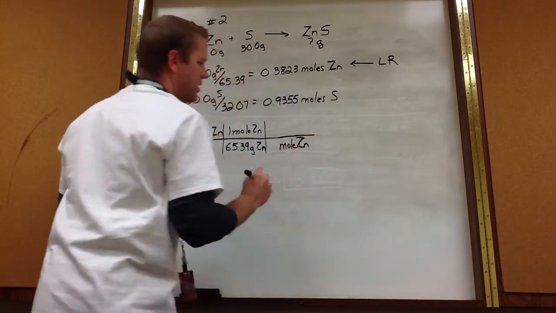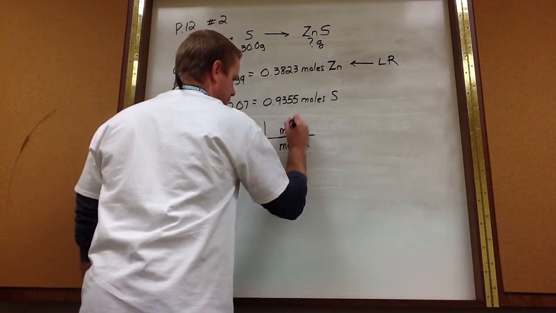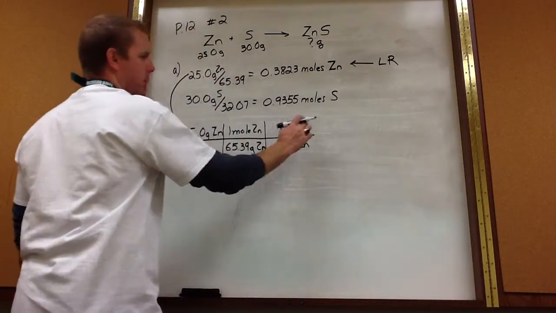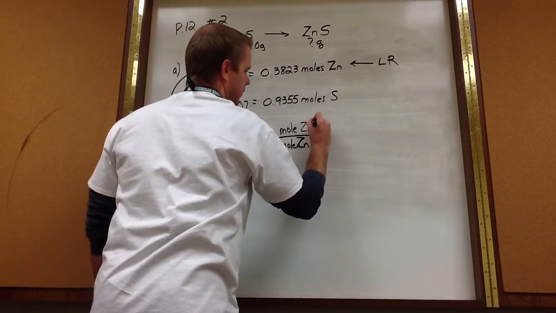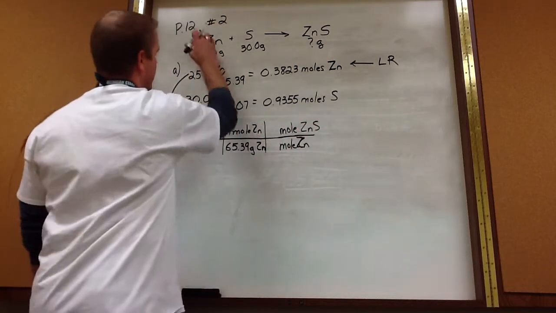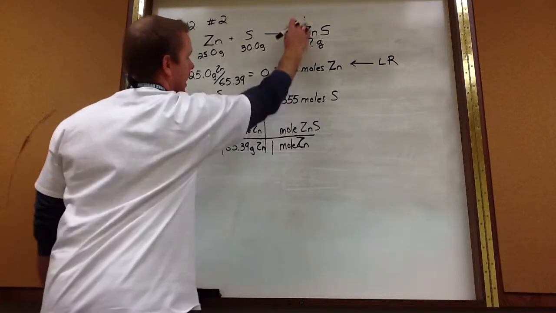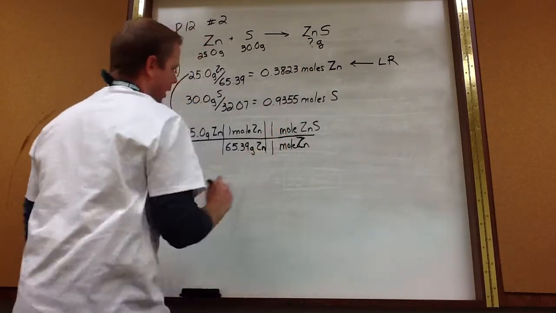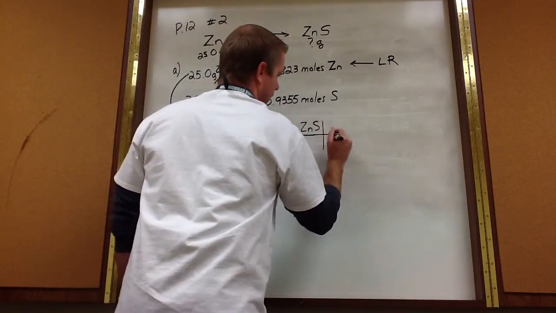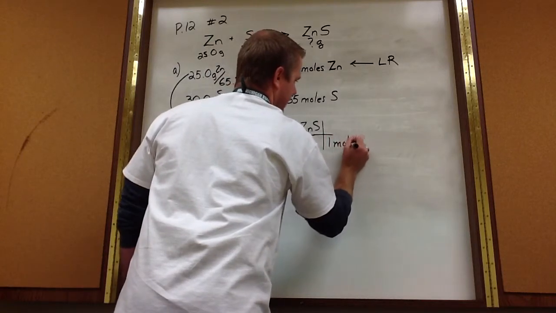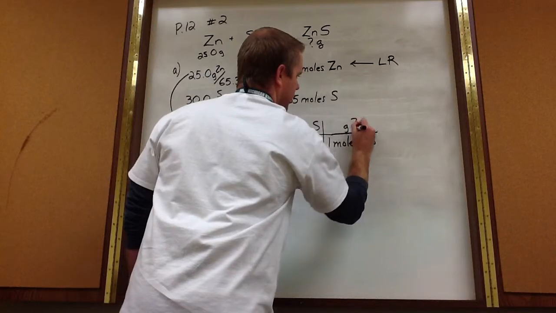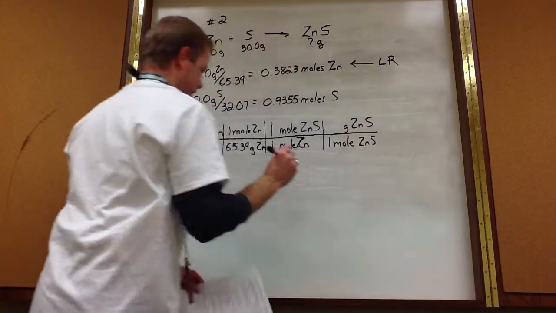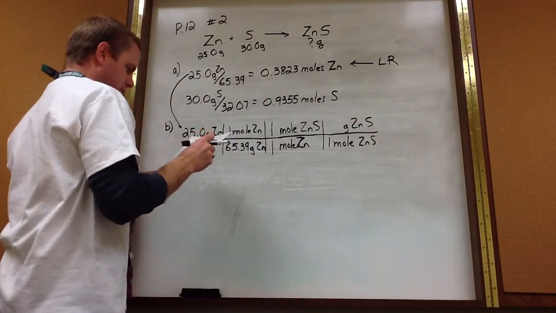Right? Then from there, what you're going to do is compare moles of zinc to moles of what you want to know. Here's your mole ratio stuff. We always have on the top what we want to know. In this case, we want to know ZnS. Well, the numbers are a 1 and a 1 there. So it's 1 to 1. Then in 1 mole of ZnS, there are 97.46 grams of ZnS.